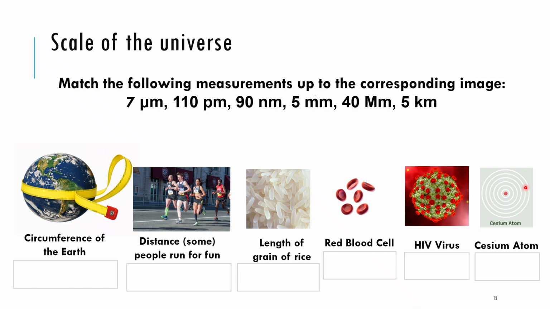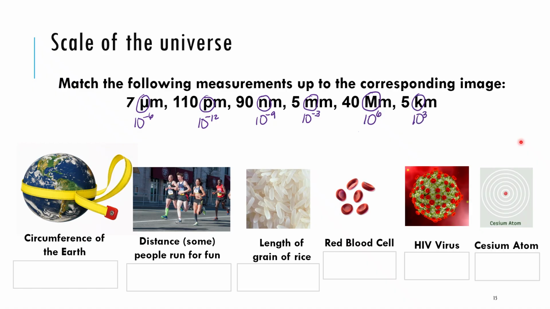To solve this problem, recall that the micro prefix stands for times 10^-6. Pico represents 10^-12, nano represents 10^-9, milli represents 10^-3, mega represents 10^6, and kilo represents 10^3.